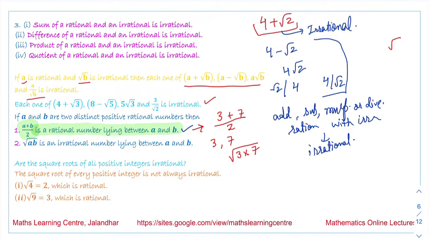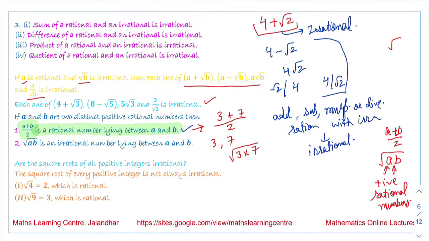So that is an irrational number between these two rational numbers. So to insert a rational number, the formula is (a plus b) by 2. To insert an irrational number, the formula is square root of ab. But it is important to note over here that both a and b are positive rational numbers. This point is very important over here.